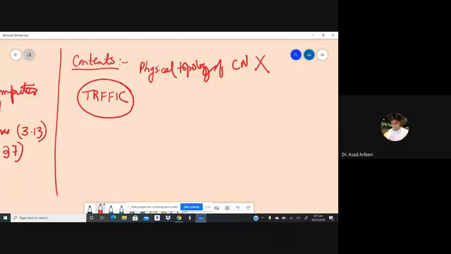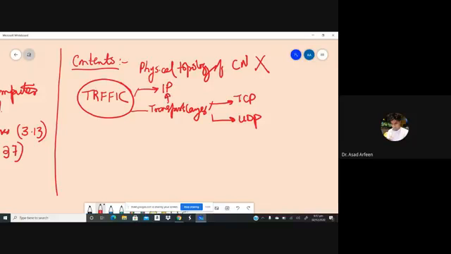When we say traffic, it comes in two layers. If we talk of the network layer, then the traffic is only IP. In the transport layer, we can categorize it as TCP segments and UDP segments, although both of these use IP as a carrier.